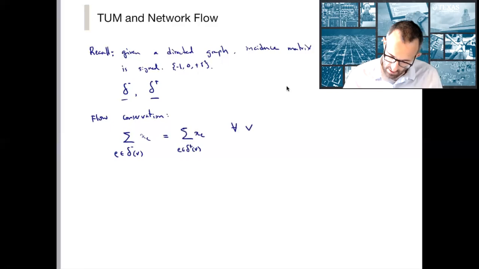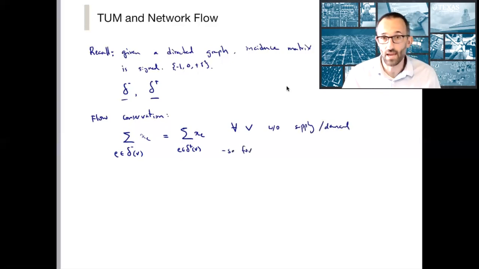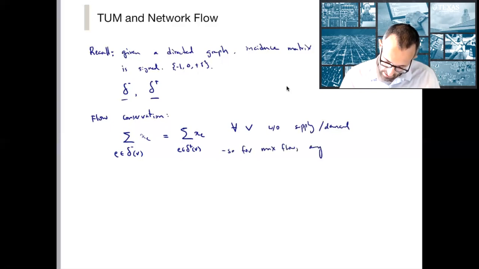So for any v without, let's say, additional supply or demand. For max flow, that would be any node V that's not equal to S or T.